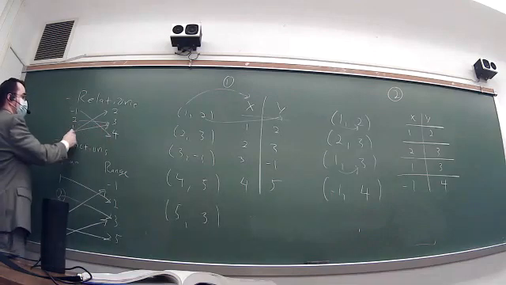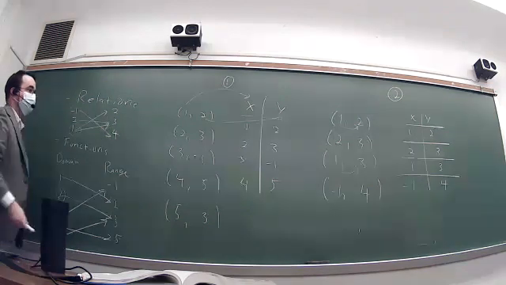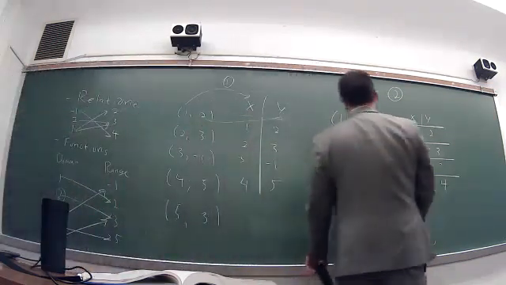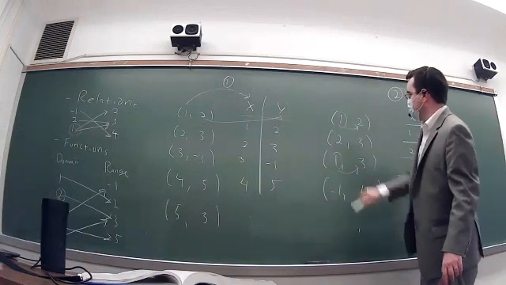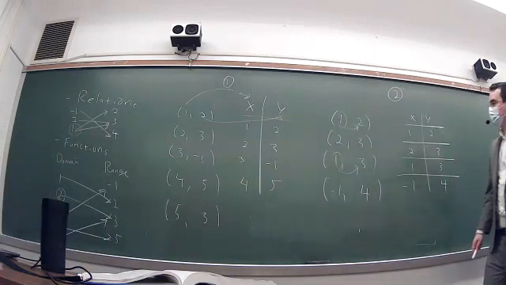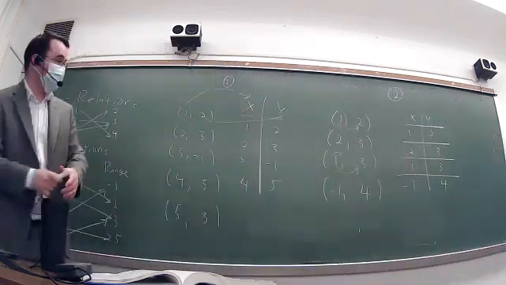So the thing that makes this not a function is the fact that 1 is going to 2 different places. You can also see that visually: as soon as you notice 1 appearing twice in the x-coordinates with different y values, that tells you it can't be a function.